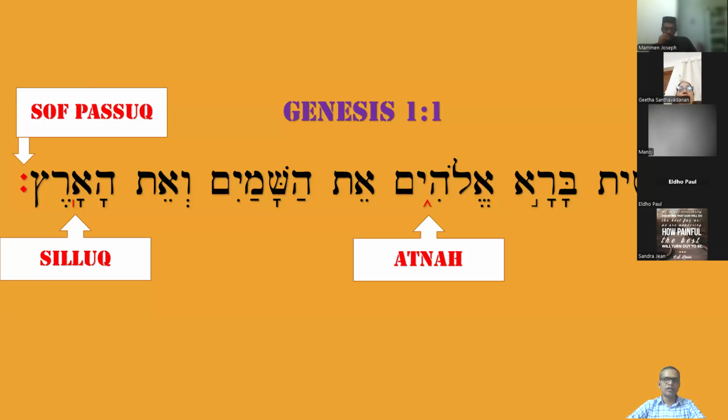If it is Siluk, then Sof Pasuk will appear. Sof Pasuk is like a full stop, saying that the verse comes to an end. So these three elements you need to keep in mind when you are reading a verse.